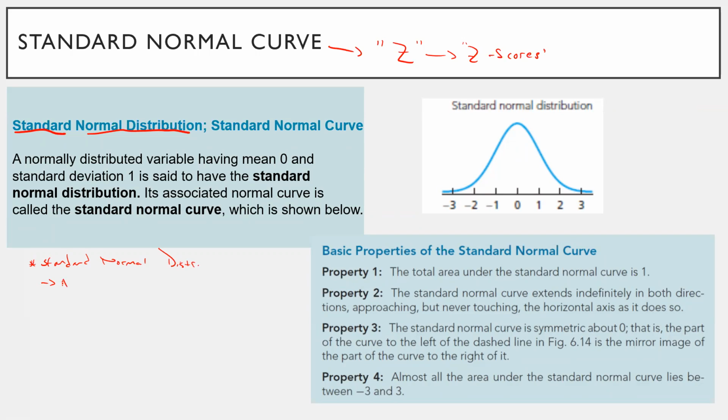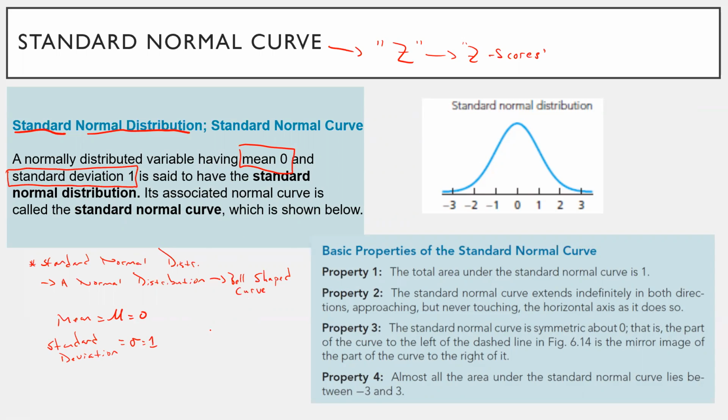It's a normal distribution. Okay, so it follows this bell-shaped curve. But it has the amazing property that this curve, the standard normal curve, has mean mu equal to 0, and it has standard deviation sigma equal to 1. All right.